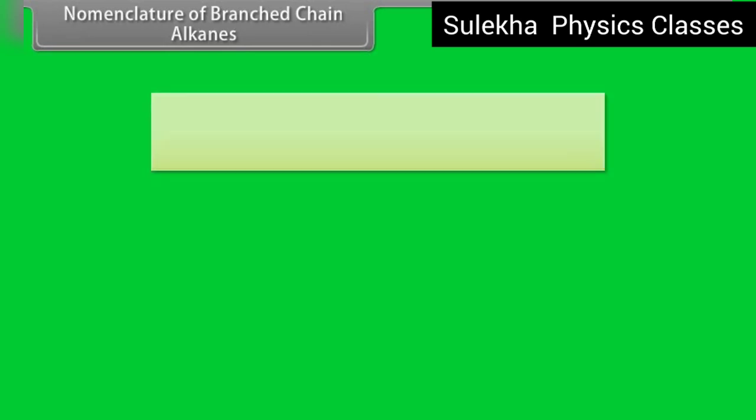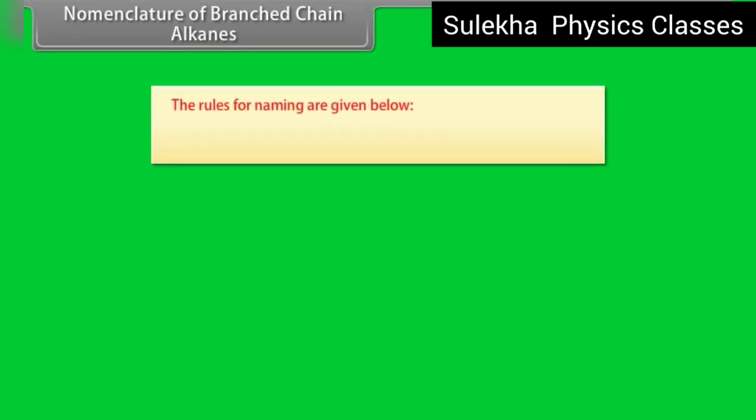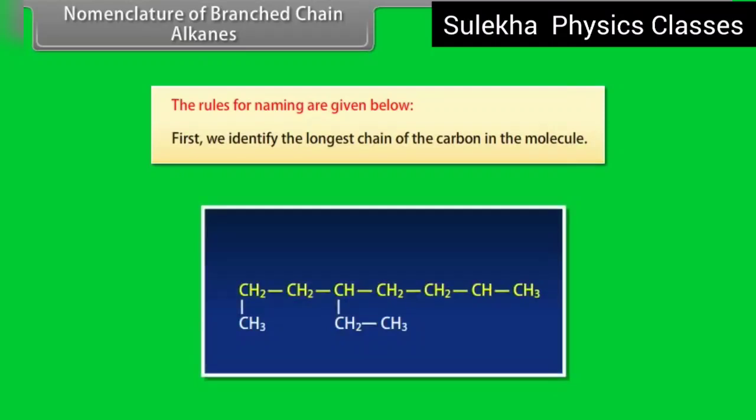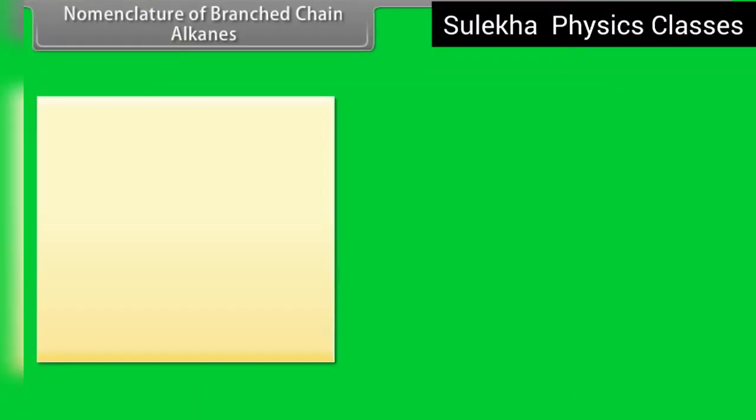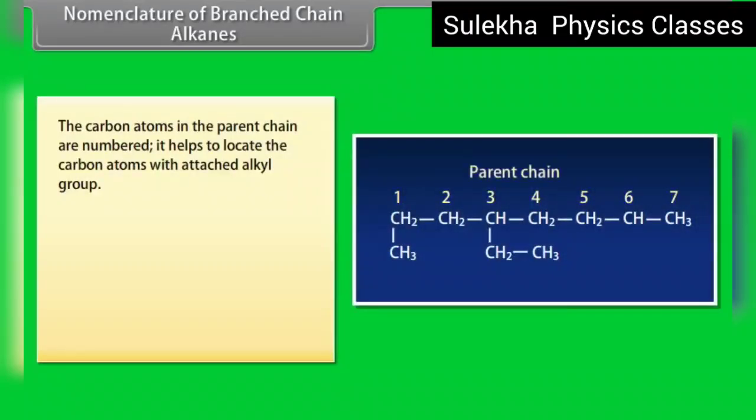Nomenclature of branched-chain alkanes. The rules for naming are given below. First, we identify the longest chain of carbon in the molecule. The carbon atoms in the parent chain are numbered. It helps to locate the carbon atoms with attached alkyl groups.